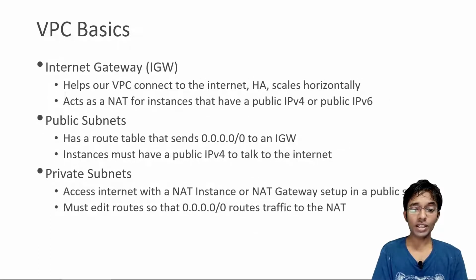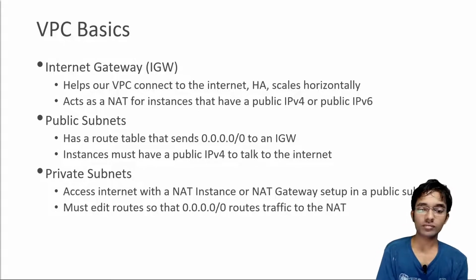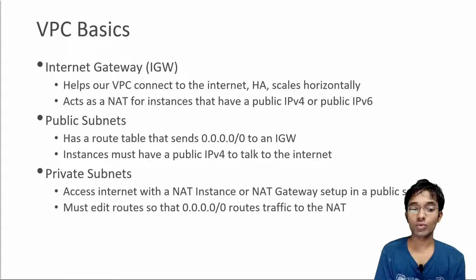Okay, next we have the Internet Gateway, IGW, to help connect our VPC to the internet. It's highly available and it will scale horizontally. The idea is that it will act as a NAT for instances that have a public IPv4 or public IPv6. So any instance linked to your internet gateway will have internet connectivity, and this is how we define public subnets.